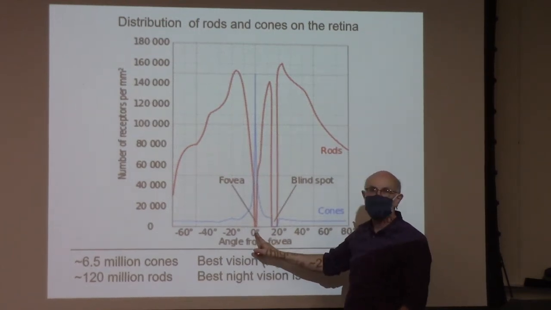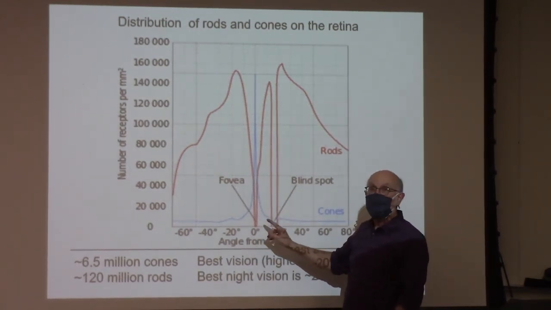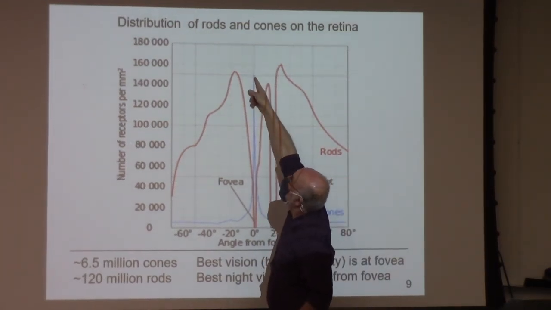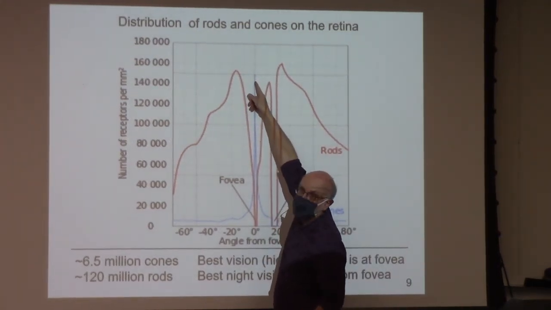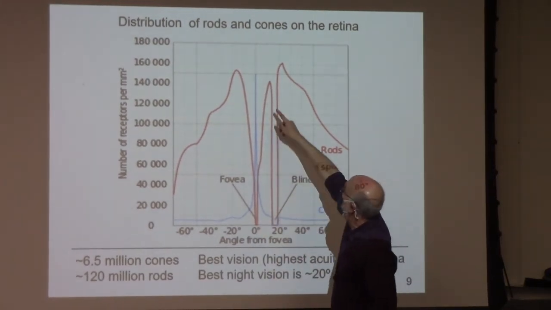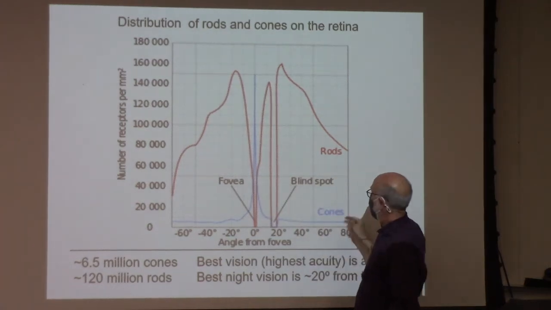So we start at the fovea. Let's look at the fovea. At the fovea, we have 150,000 receptor cells per millimeter, but they are all cones.